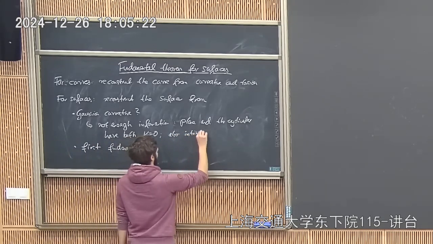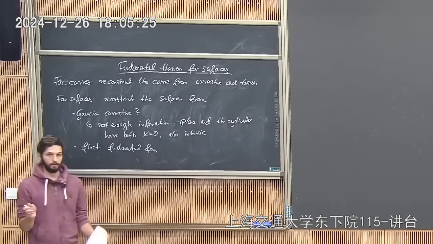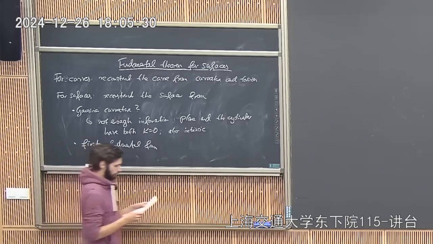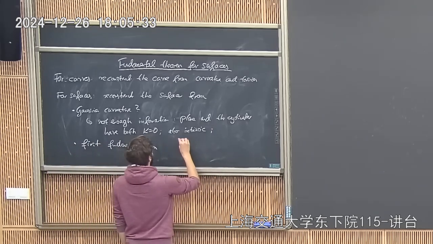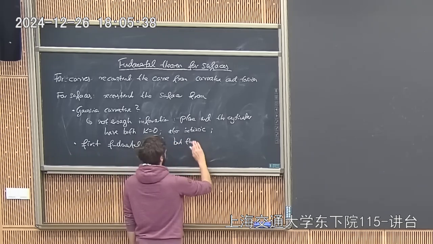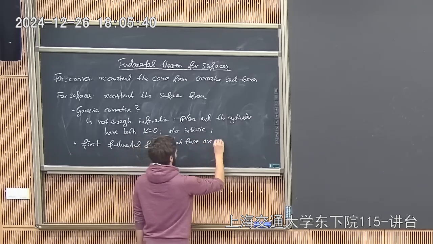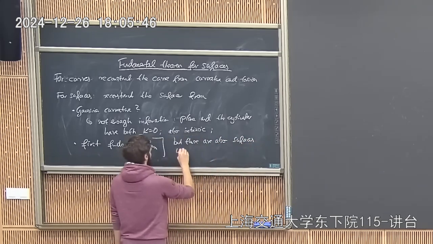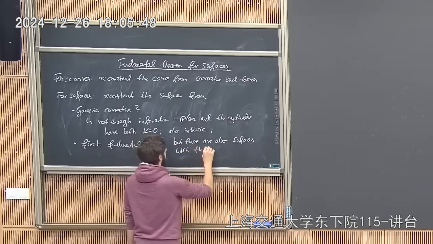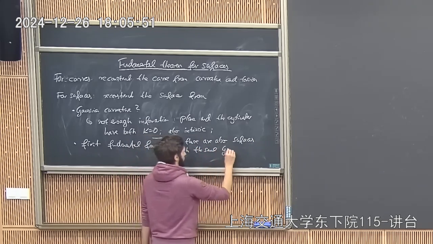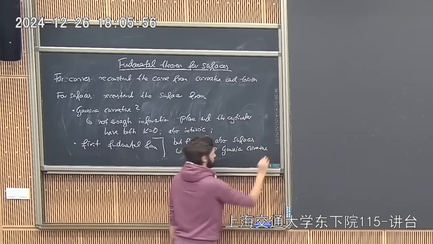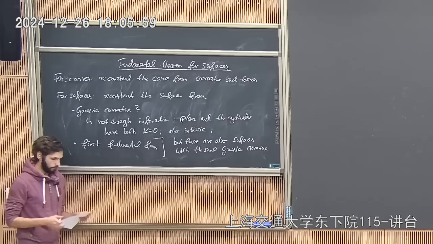Intrinsic means that it's not able to detect non-isometric surfaces, but there are even examples of surfaces with the same Gauss curvature which are not locally isometric.